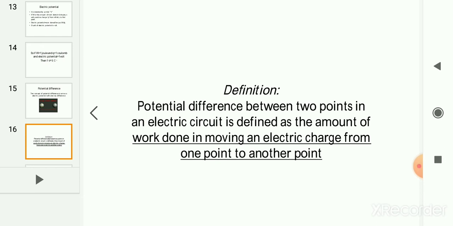Potential difference between 2 points in an electric circuit is defined as the amount of work done in moving an electric charge from one point to the other.